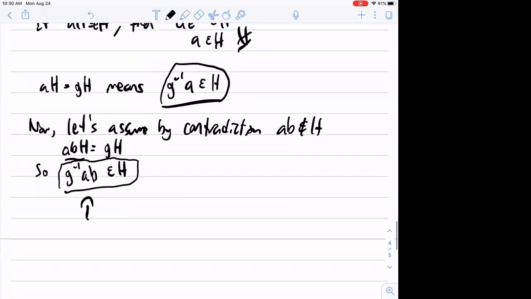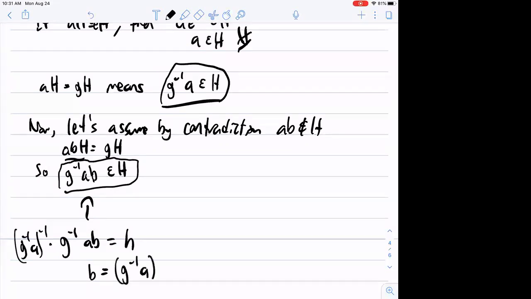From this, G inverse A B, I'll write little h. It's some element, yeah? So let's multiply by G inverse A, the inverse of this. So B is G inverse A inverse times h.